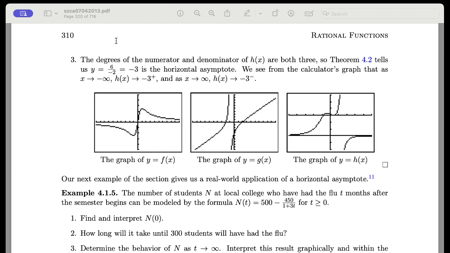I want to have a slant asymptote that's carefully cooked up so that we don't have to factor anything too crazy. Okay, so what I'm going to put in is x to the third minus x in the numerator, and x plus 1 in the denominator.